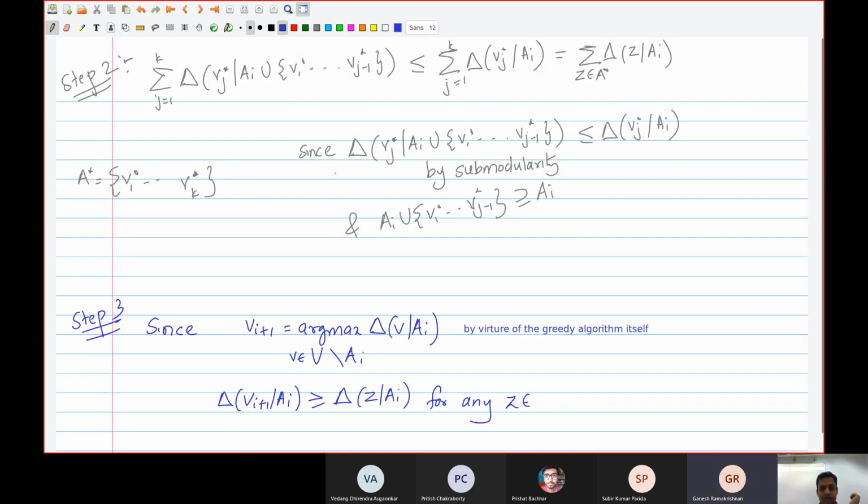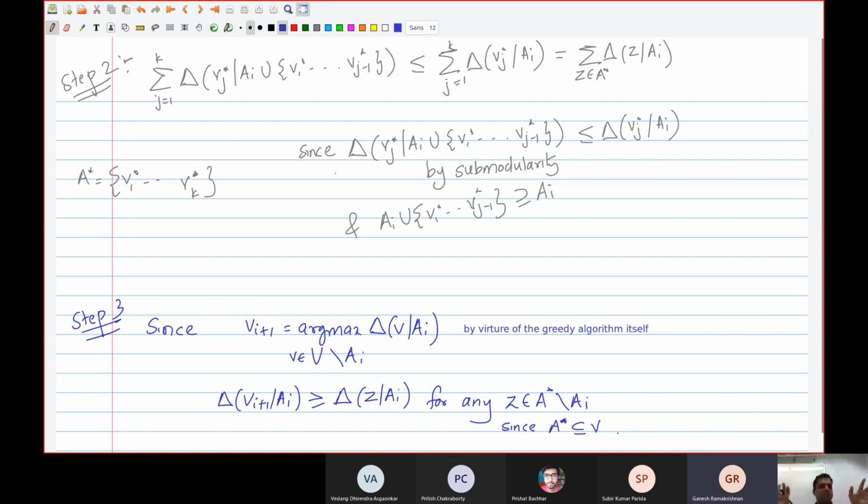So let me write this down. I'm making this claim: for any Z in A star, this holds. Why? Because this holds for any Z in A star minus AI also. This was for any V in V minus AI, and A star is a subset of V. It's not outside V.